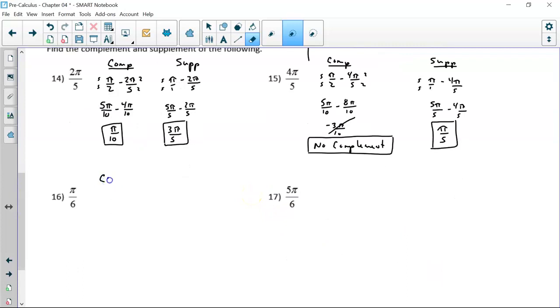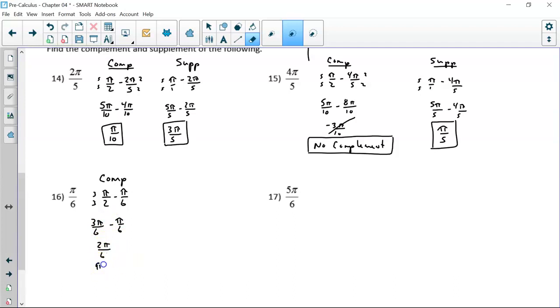For the complement, we're just going to keep doing pi over 2 minus the angle, in this case, pi over 6. Common denominator is 6. So you get 3 pi over 6 minus pi over 6. 3 pi over 6 minus pi over 6 is 2 pi over 6. Reduce.